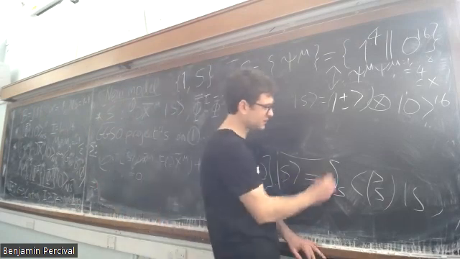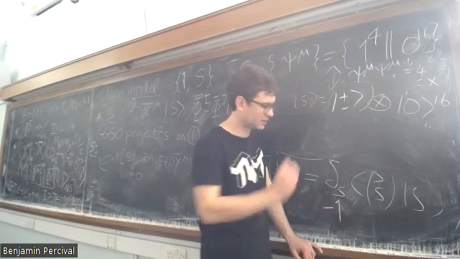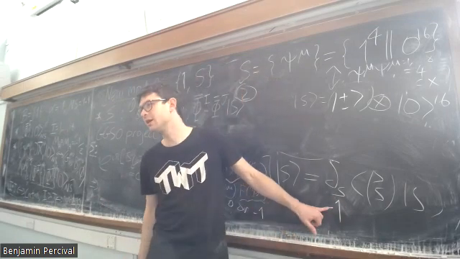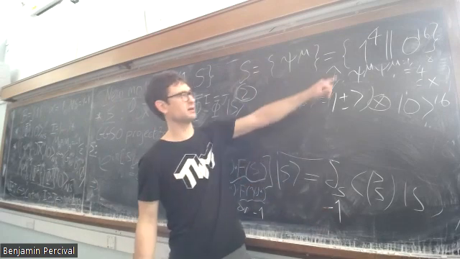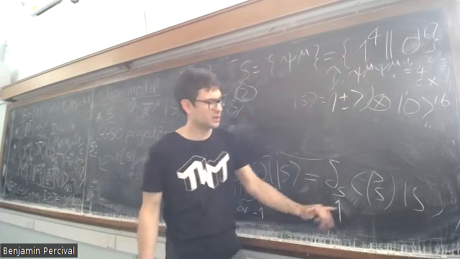On this side, we've got the space-time index of S. This time, the space-time index of S is -1, because this is a fermion, basically, because it has psi mu in it.